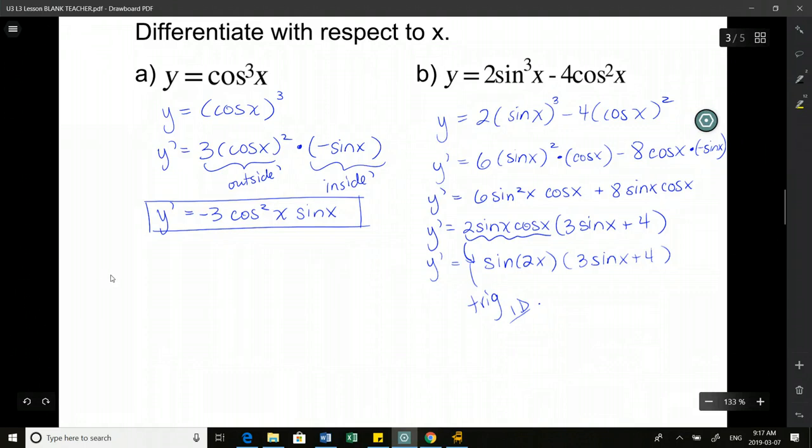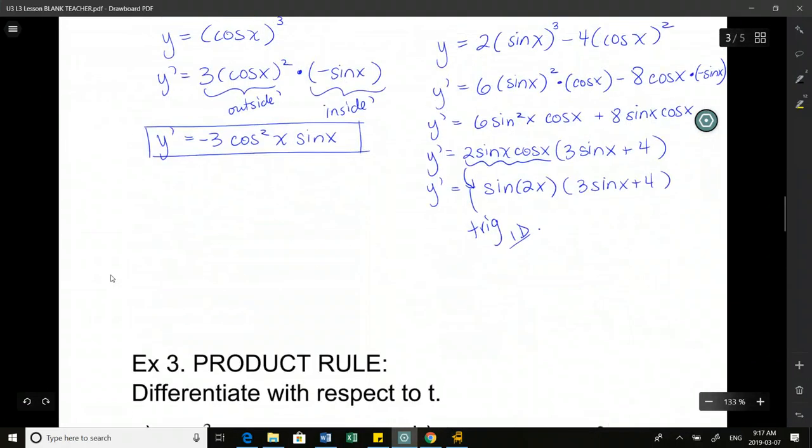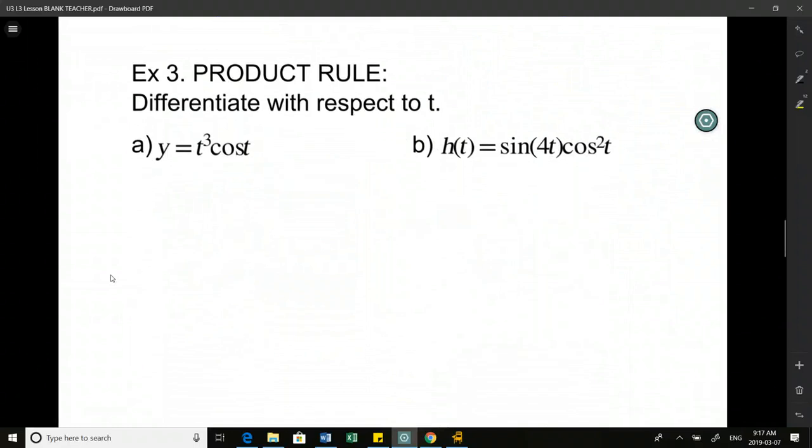Okay, let's move on. Okay, couple more. So here I'm differentiating with respect to t. For our derivative notation, you can use y prime or dy over dt. I want to use product rule here. So think of this as your first and this as your second.